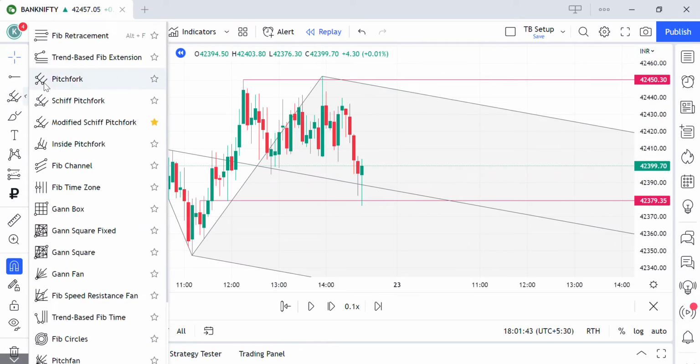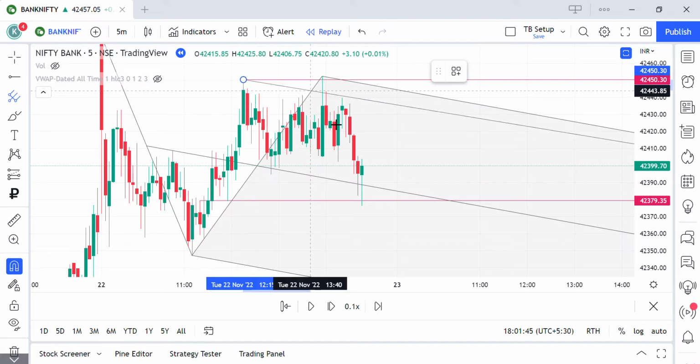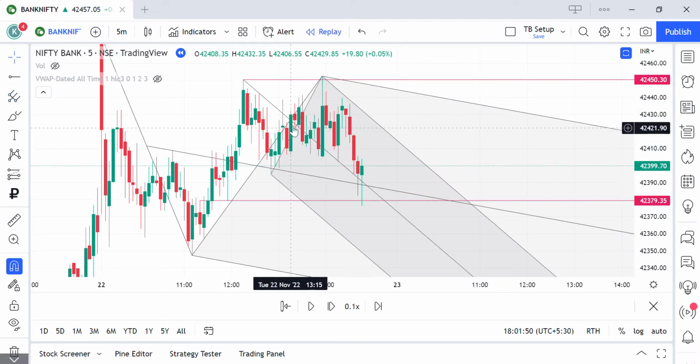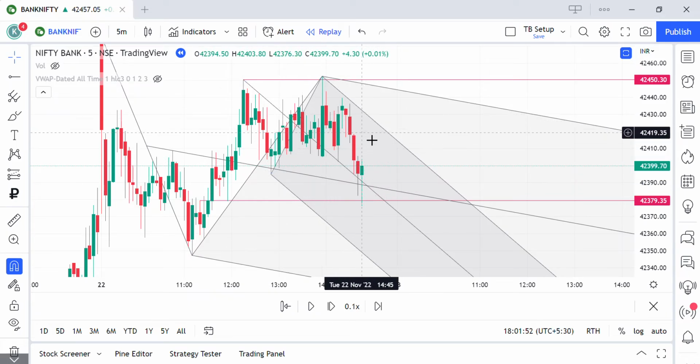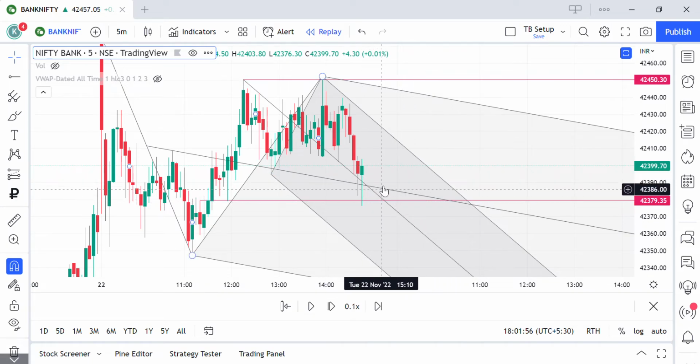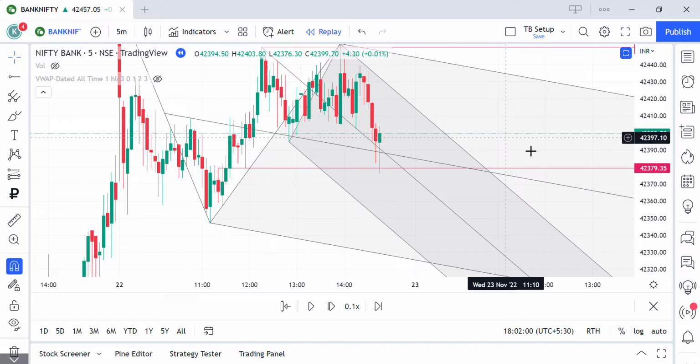Now, what about the minor dimension? Even in the minor dimension, you can see that this is a proven pitchfork, and price is again respecting this pitchfork.